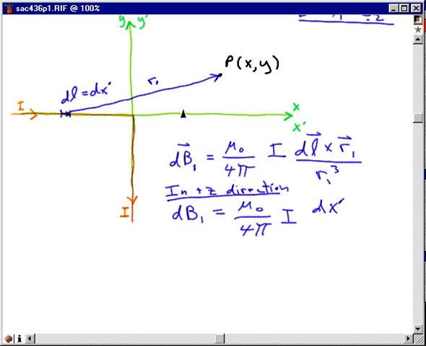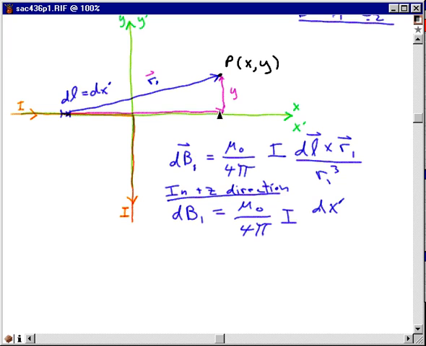And R1 can be considered to consist of two parts. A piece, I'll make it a different color for this, a piece along x prime and a piece perpendicular to it. This piece, this component of the vector R1, this vertical component, has length y.